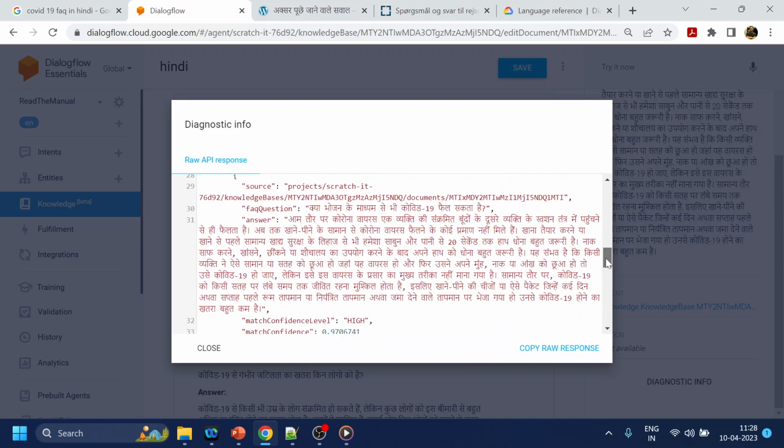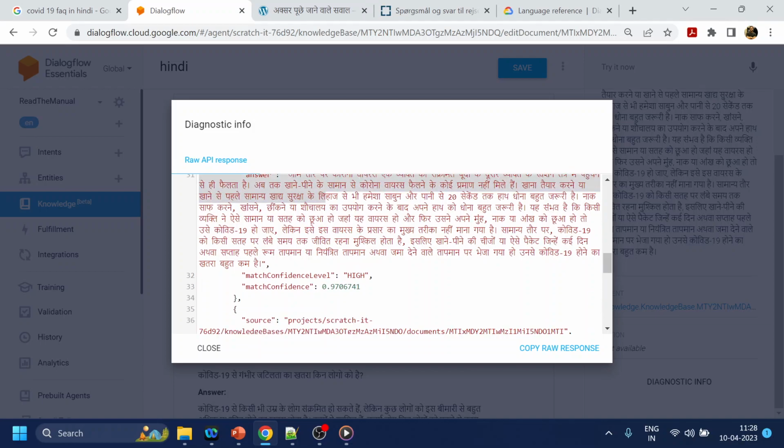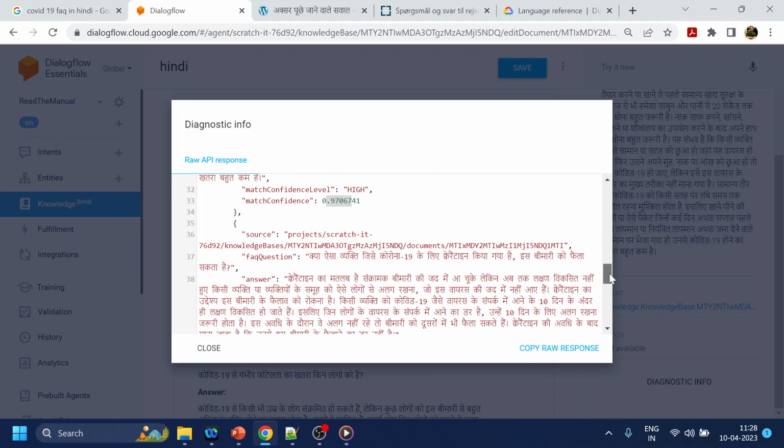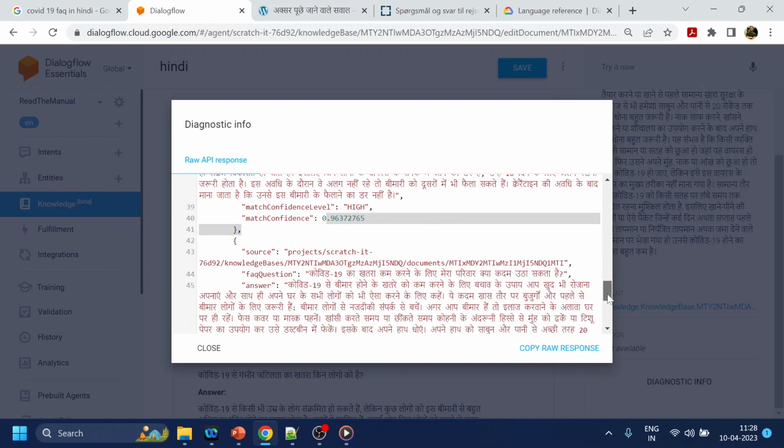This is the same question and answer, and the first one is 97%. Let's see if it is matching with the other one. लाइक क्या इस व्यक्ति, क्या ऐसे व्यक्ति जिसे कोरोना के लिए क्वारंटाइन किया गया उसे बीमारी फैल सकता है. It has also detected this one with quite a high percentage, 96.